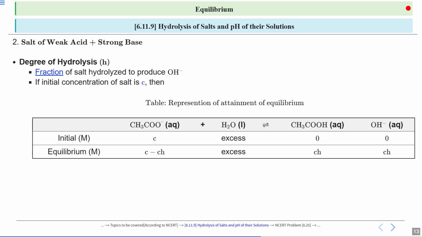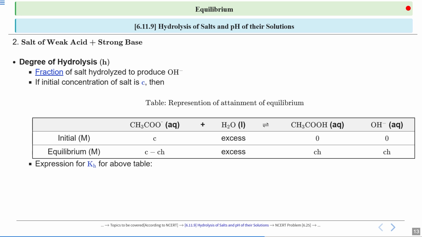Therefore, the total salt which is getting hydrolyzed is CH, and we know that the equivalence of acetate ion and acetic acid is the same in the equation. So if CH is getting hydrolyzed, that means CH of acetic acid will be produced, and hydroxide ion will also have a concentration of CH. Now what is the remaining concentration of the acetate ion if CH is getting hydrolyzed? It will be C minus CH.